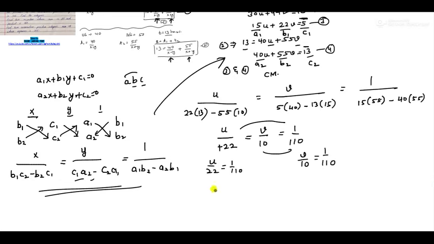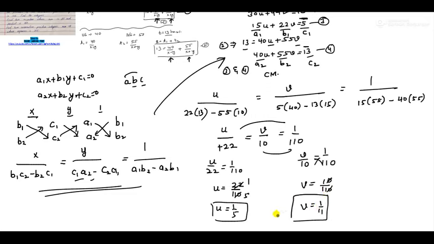Got it? So this u becomes, on substitution, 22 by 110. So you will get it as how much? On solving this, 22 ones are 22, 5s are 110. So you'll get 1 by 5 as u, and here v on cross multiplication you'll get 10 by 110. So this is 1 by 11. This is v. Got it?